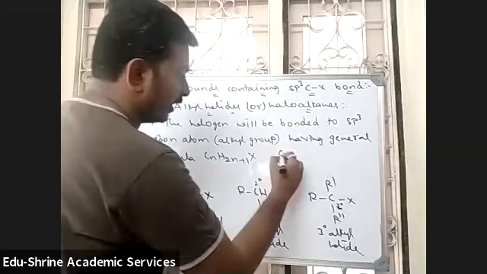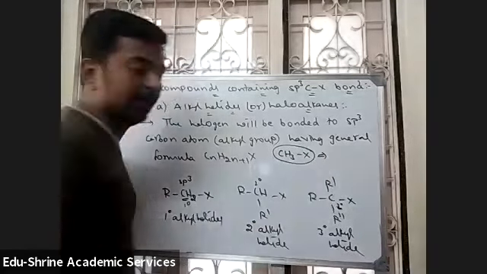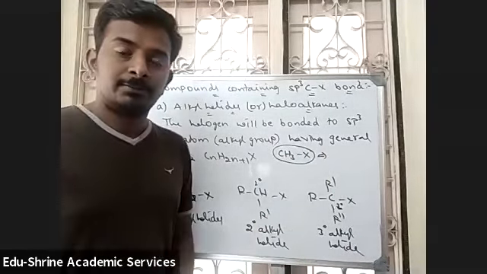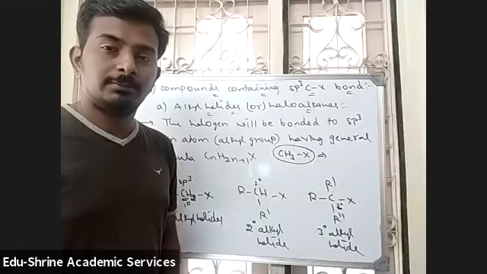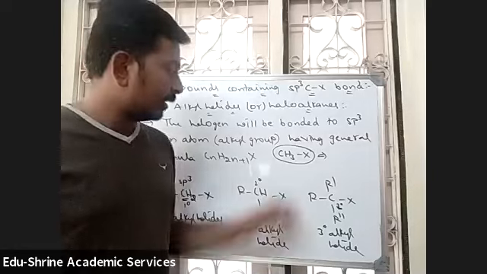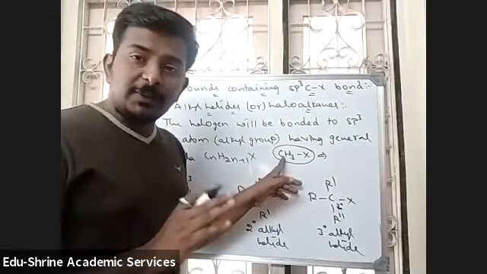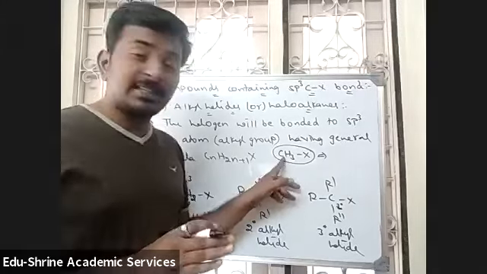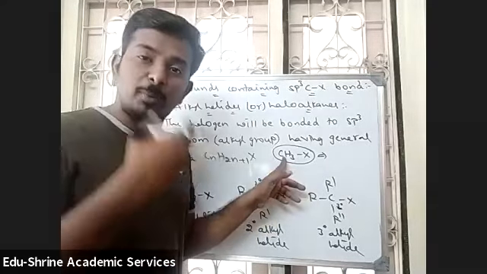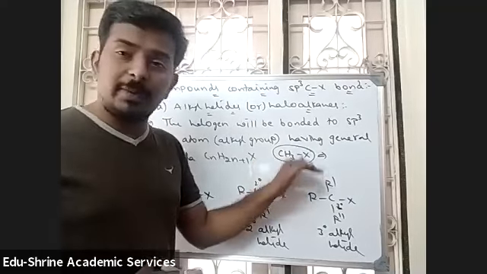For example, if I write CH3X, tell me what the name of this alkyl halide will be. The hybridization of this carbon is definitely sp3, so it must be an alkyl halide. In this case, we call it a super primary carbon atom, but still the name will be methyl halide.